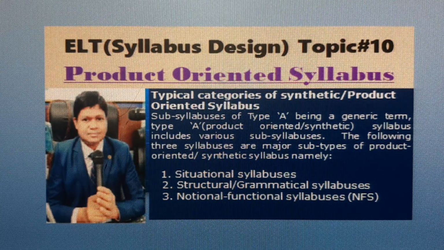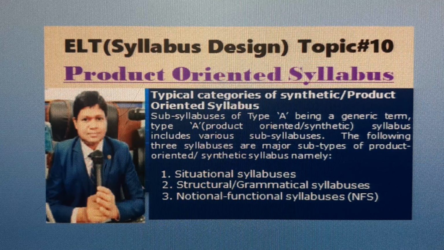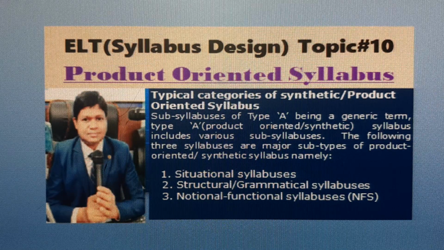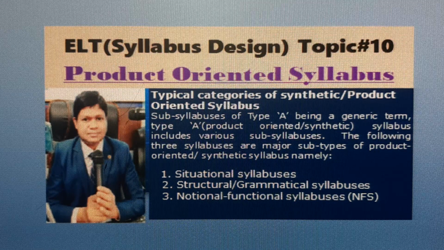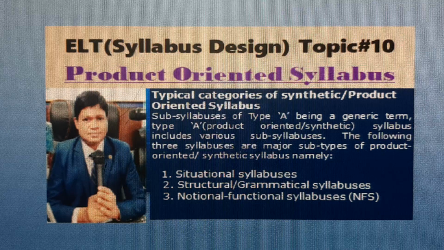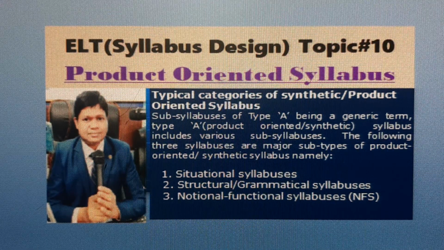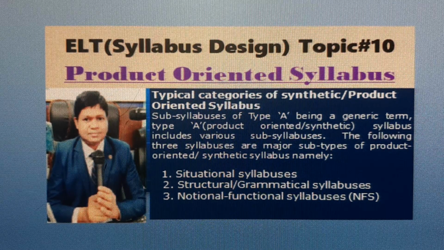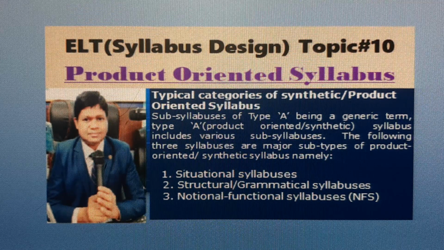Now let's see how product-oriented syllabus is different from process-oriented syllabus. Process-oriented evaluations are based on observing the development of the learning processes as they occur in the student throughout the lesson. Nevertheless, product-oriented evaluation seeks to assess performance through a finalized product that should meet specific requirements.